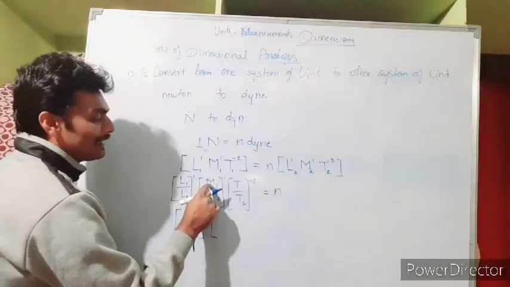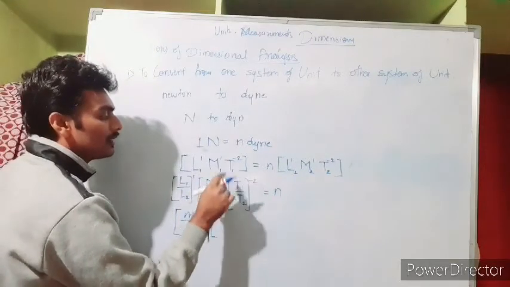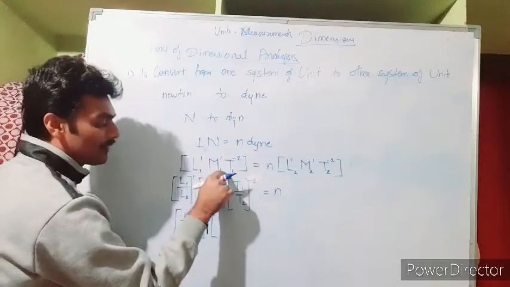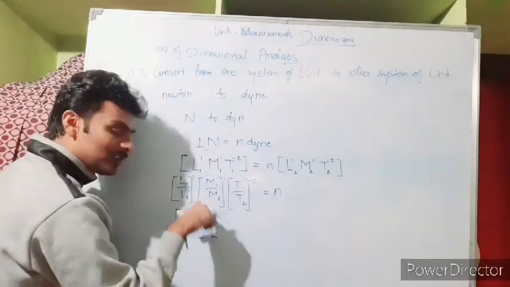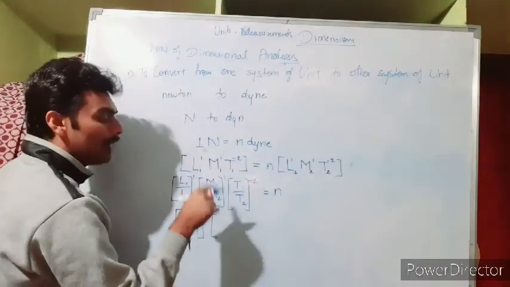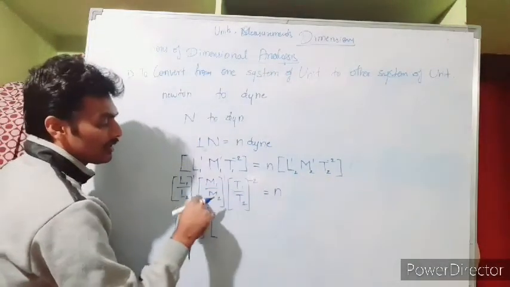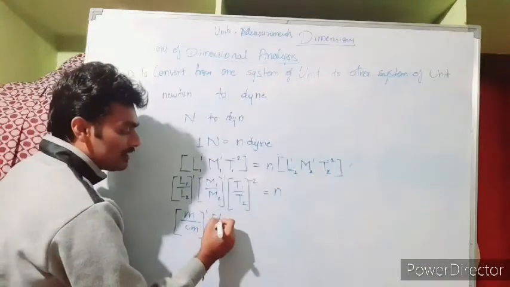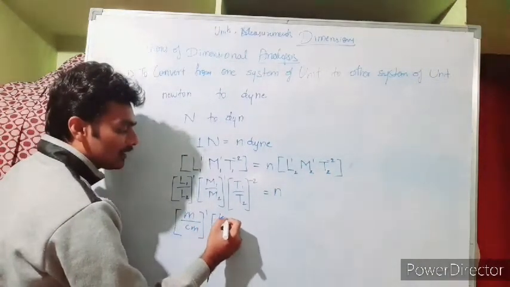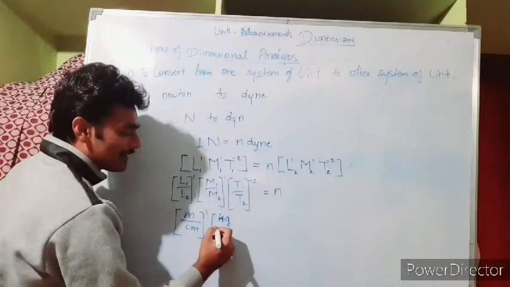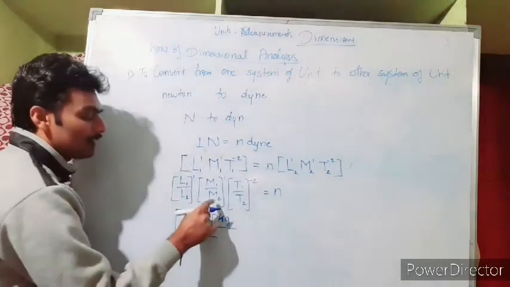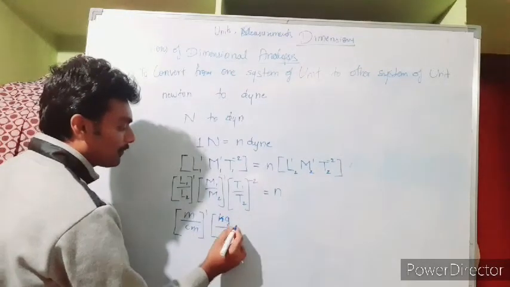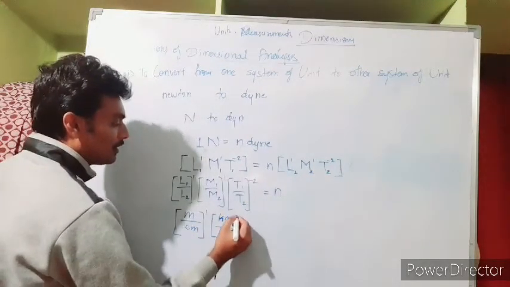M1 is the dimension chosen for mass in SI system, and M2 is the dimension chosen for mass in CGS system. So instead of M1, I can write kg here, because in SI system kg is the unit, and instead of M2 I can write simply g, gram, to the power of 1.